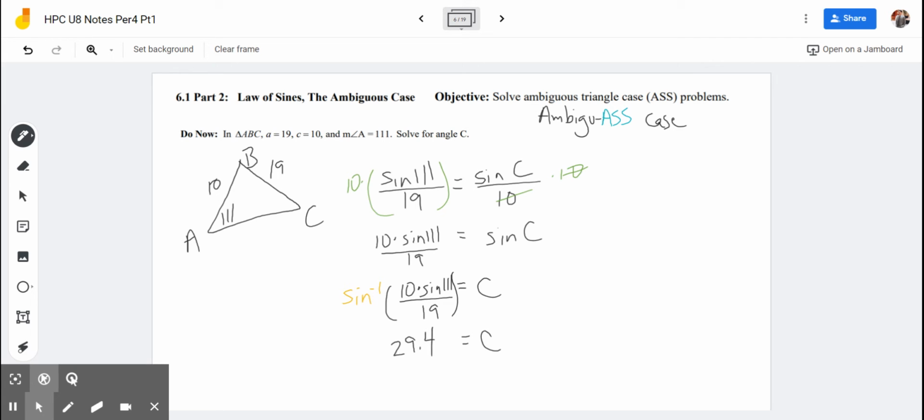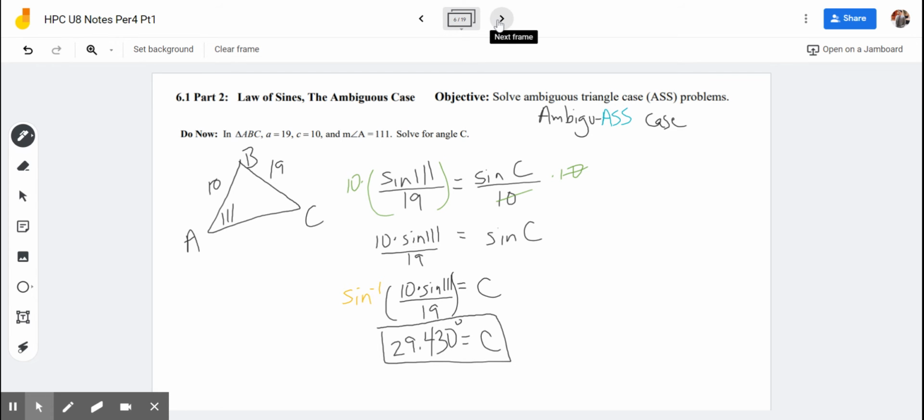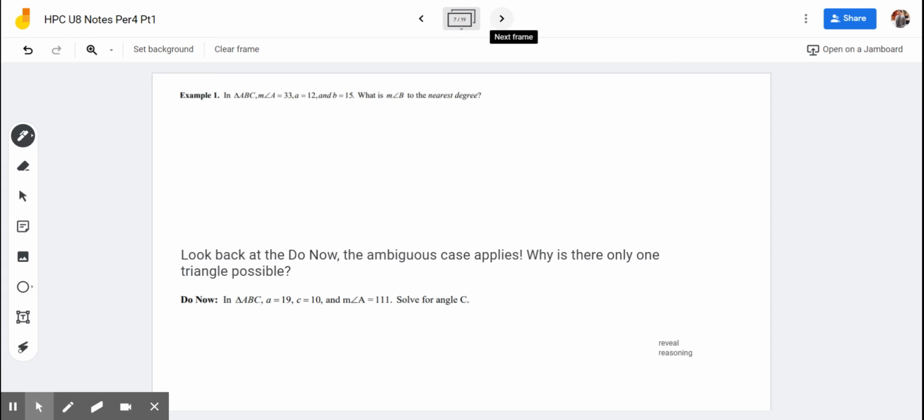So I'll round it to 3 decimal places like the AP exam, okay? So we're going to explore what happens if we do the ambiguous case as well. For now, this is just a regular law of sines problem, okay? We're going to come back to this in a minute. Okay, so let's try example one on the next slide here.